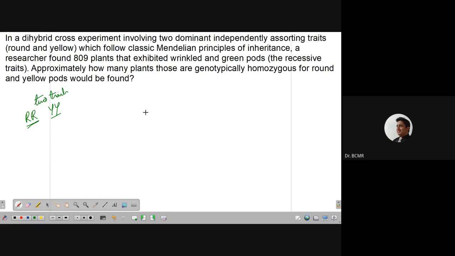A researcher found 809. If you have a paper and pen, please try to do it along with me. It will be nicer. Plants that exhibited wrinkled and green pods. So wrinkled is small r, and wrinkled and green is small y.